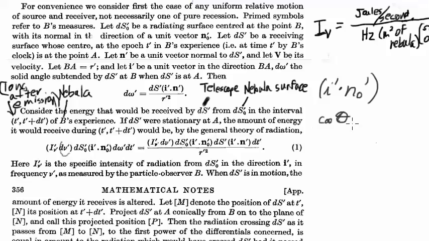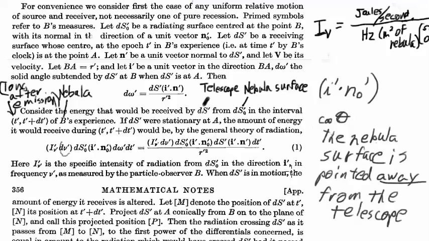Now I prime dot n sub naught prime is the cosine of the angle the nebula surface is pointed away from the telescope. So if somehow part of the nebula is blocking this, the surface may be pointed away from the telescope, and you would end up with 0.